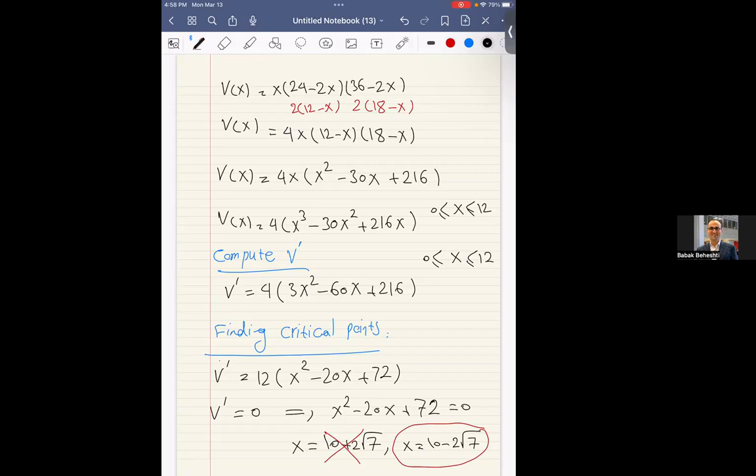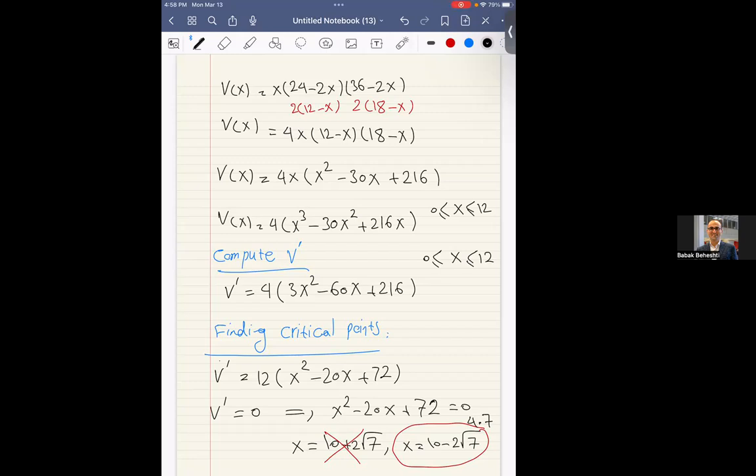It should be something about 4 or 5. 4.7. So this is the only critical point in this interval.